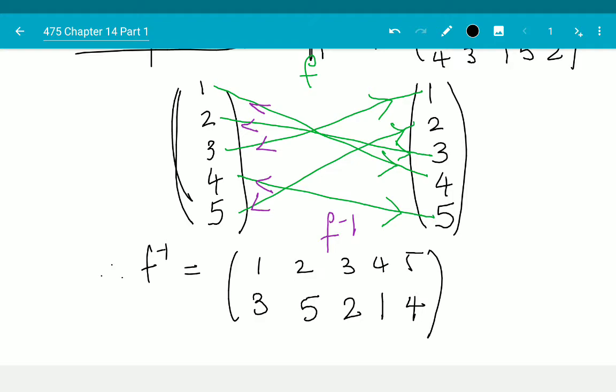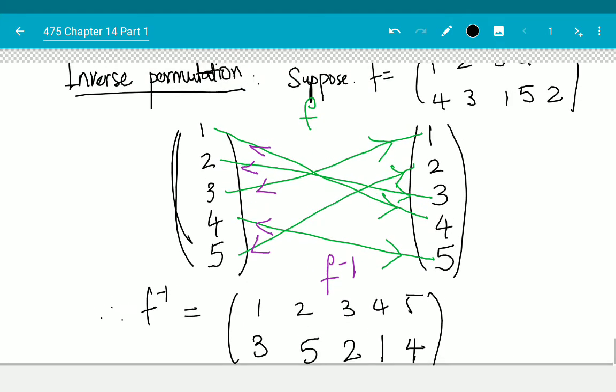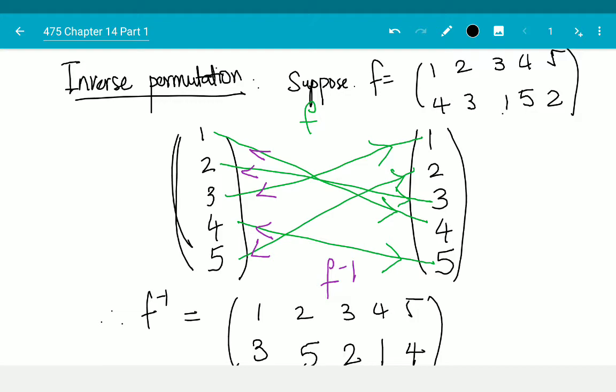This is exactly the reverse of what f was doing. If I look back at the image, this is 1. What is the number above 1? It is 3.